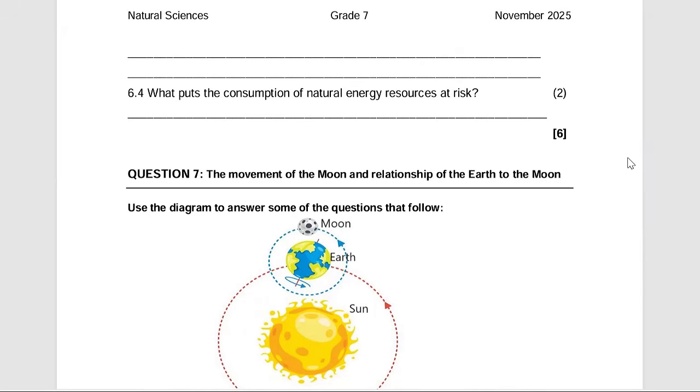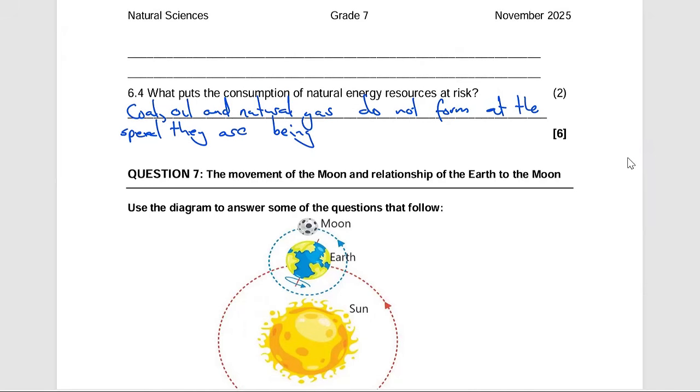So I'm going to say coal, oil and natural gas do not form at the speed they are being consumed.